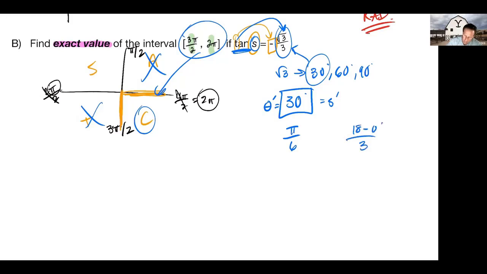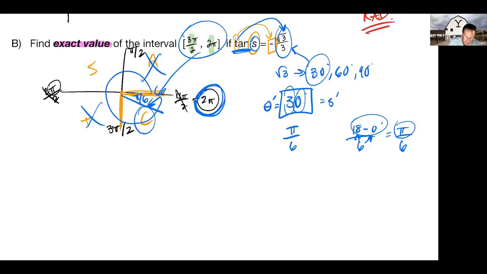My 180 up top, if I divide it by what number would I get the 3 and then the 0? That would have to be a 6 to get the 3 and then the 0. Remember, because pi is equal to 180. So it's pi over 6. And I want just that reference angle of pi over 6. So I don't want to go all the way around. I want to come back just that pi over 6.